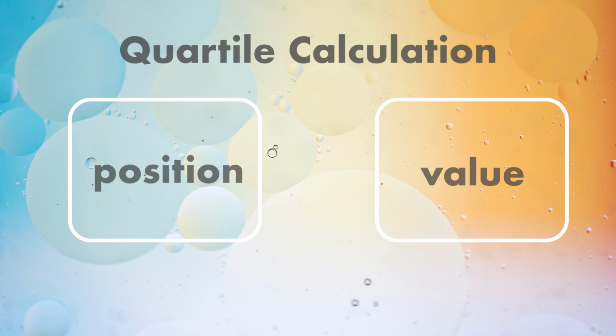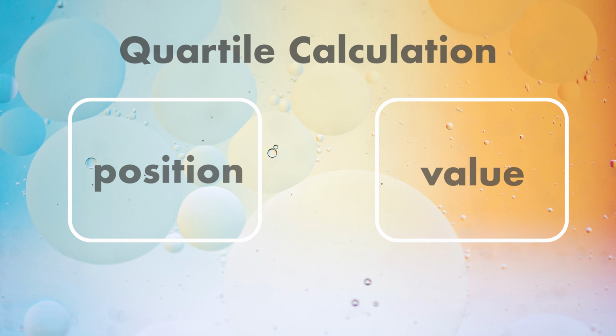The process of calculating each quartile includes two steps. First, we determine the position of the quartile in the dataset. Second, we calculate the value of the quartile. Each of these problems can be dealt with differently, giving rise to a multitude of different methods.